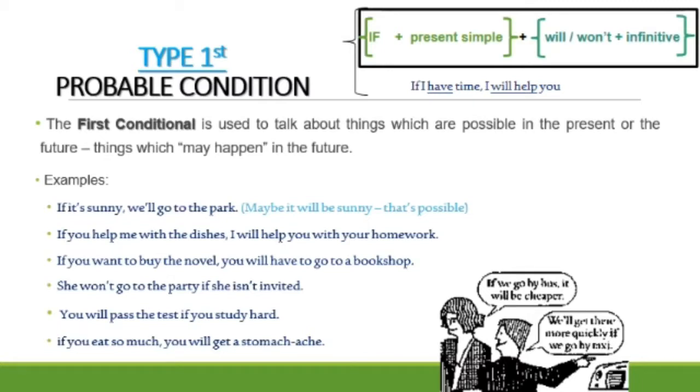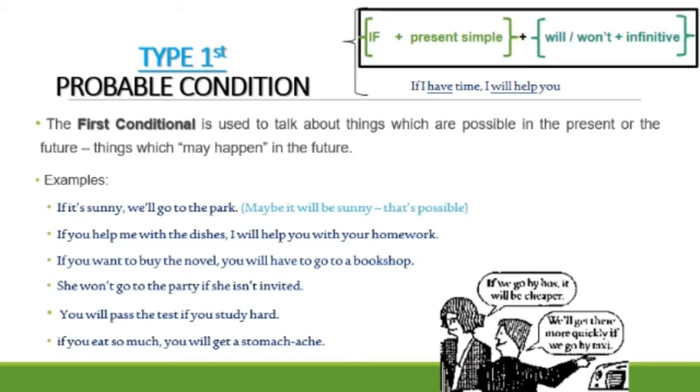So the first conditional is used to talk about things which are possible in the present or the future, things which may happen in the future. For example, if it's sunny, we will go to the park. Maybe it will be sunny. That's possible. If you help me with the dishes, I will help you with your homework. So there is a probability.